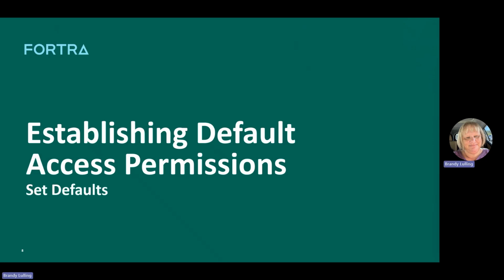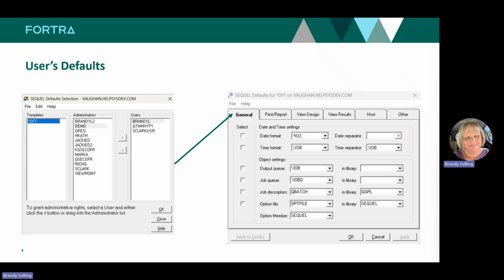All right, so let's start with the top option, set defaults. You may be familiar with the green screen command SETDFT. And this is the graphical representation, and it allows you to set individual options for one or many users.